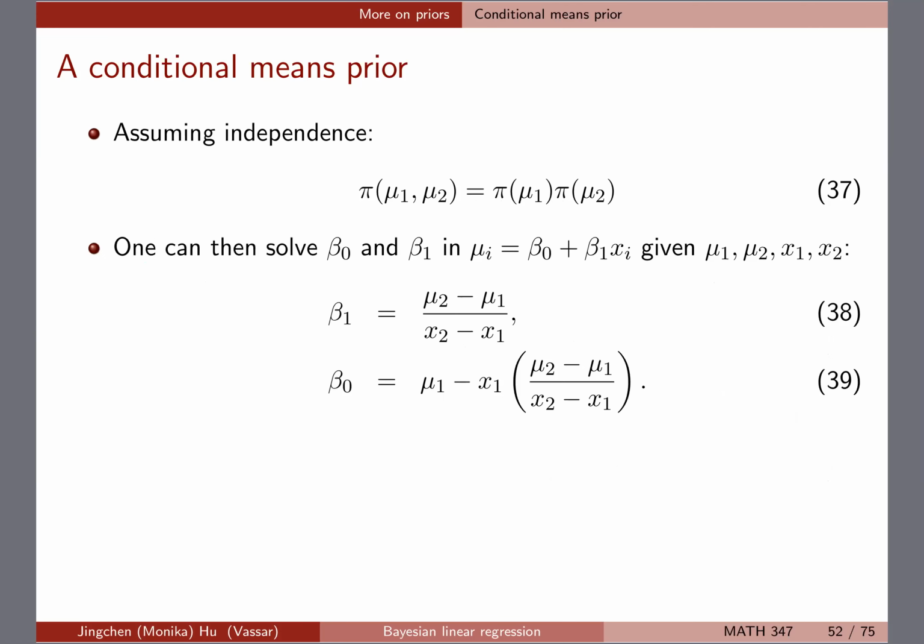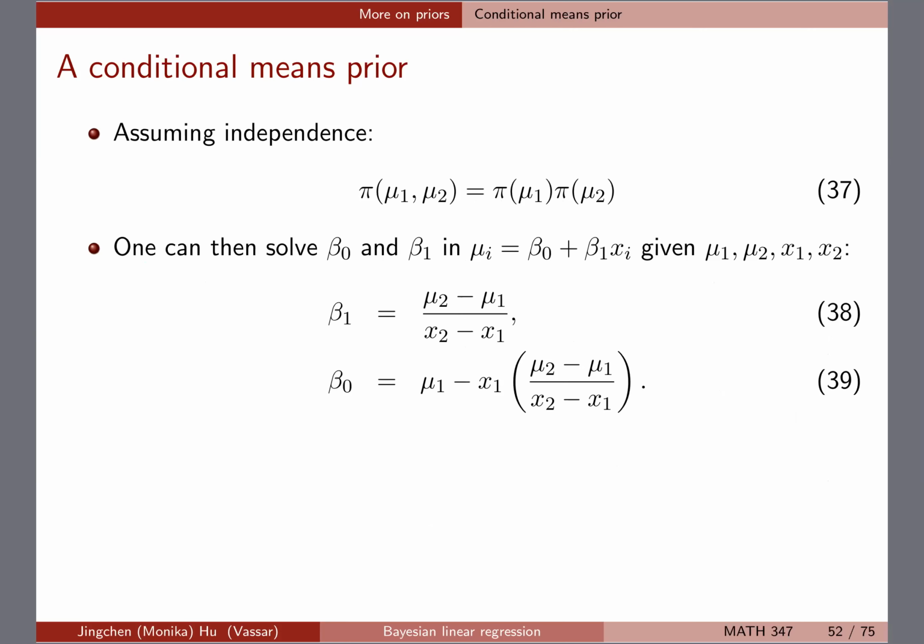Last time I showed you this already, so it's probably not too surprising. Equation 38 and equation 39: I have two unknowns, beta 0 and beta 1, and two equations, mu1 equals beta 0 plus beta 1 times x1, and mu2 equals beta 0 plus beta 1 times x2.